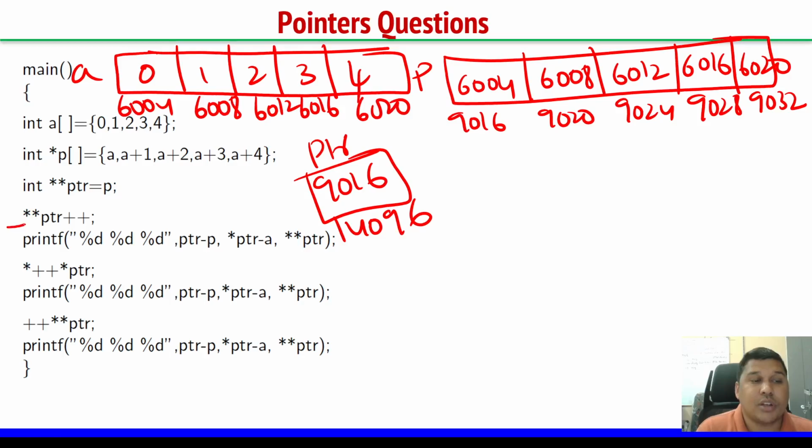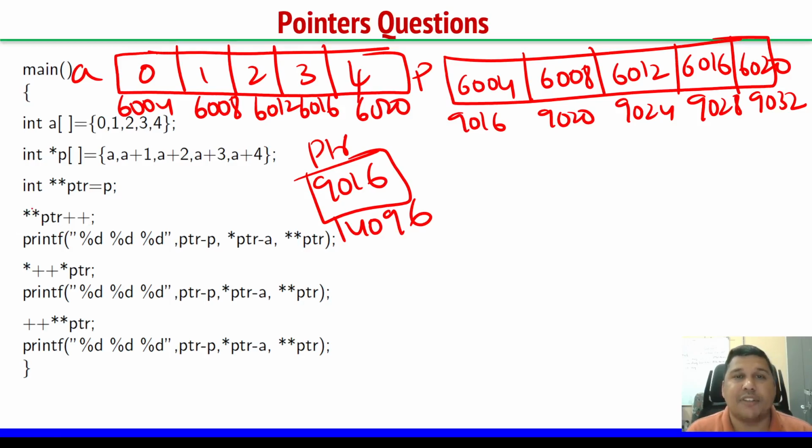See, because of this what will change? Double star PTR plus plus. What is the value of double star PTR plus plus? Please try to answer this. I have here a statement double star PTR plus plus.